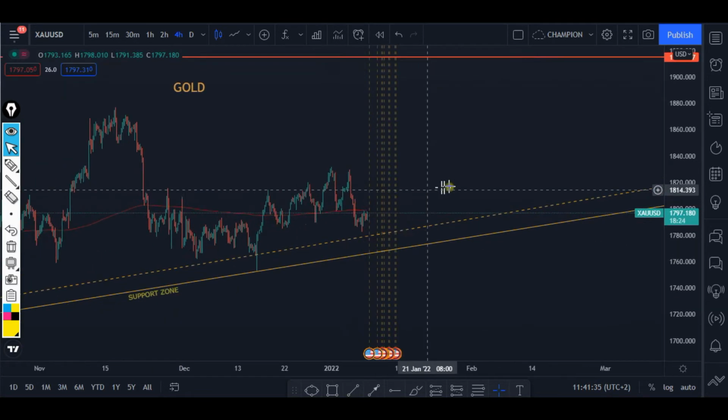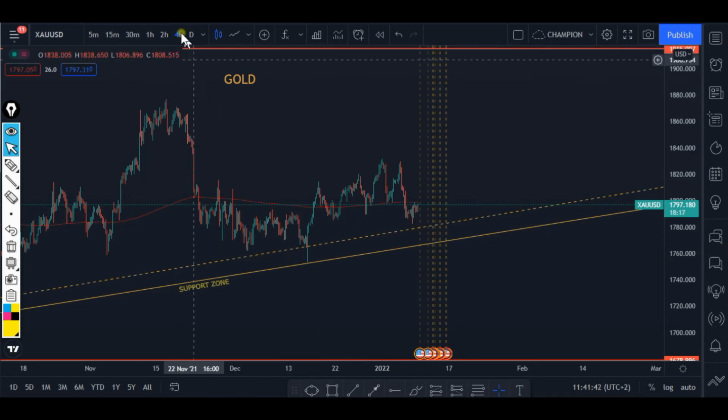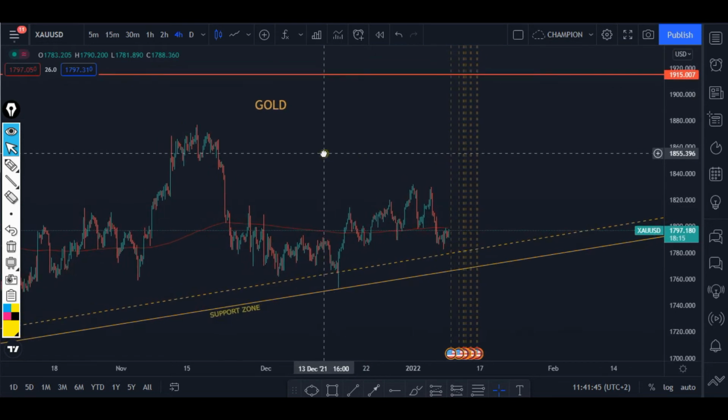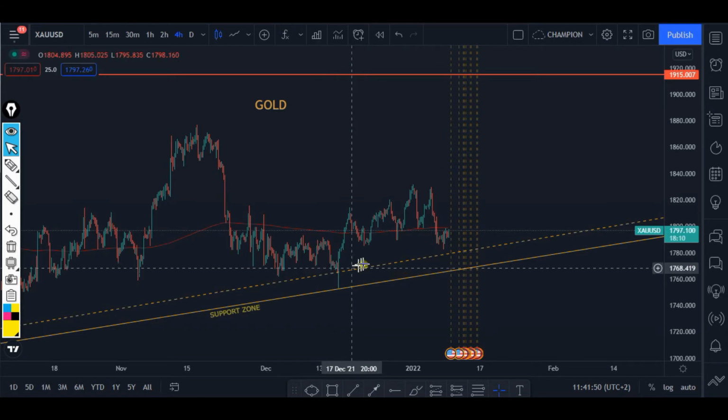So let's move closer and see where the market is moving, how the market is moving. This is our 4-hourly time frame. Since the market is on the support zone, it just hit it and it might go high, as the market hit the support zone previously and went up high.